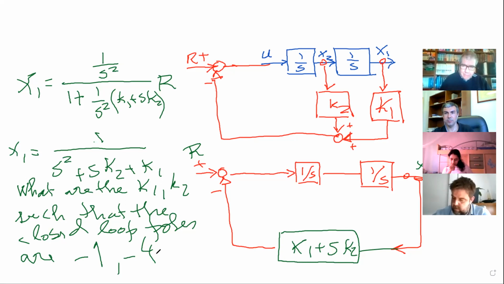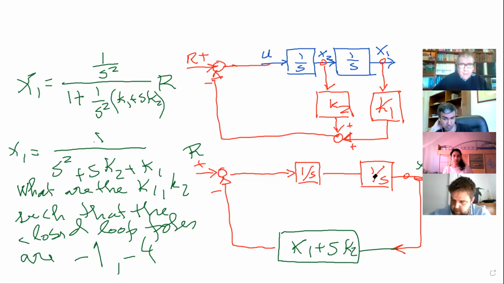How can I solve this problem? Can I clean this part here? This part was just a trick, you see. You move all these intermediate branches to the right, and you get a standard feedback form. So this was just a trick.